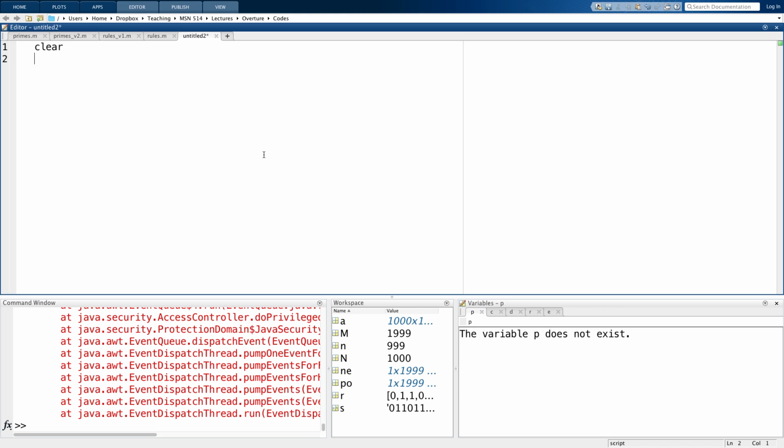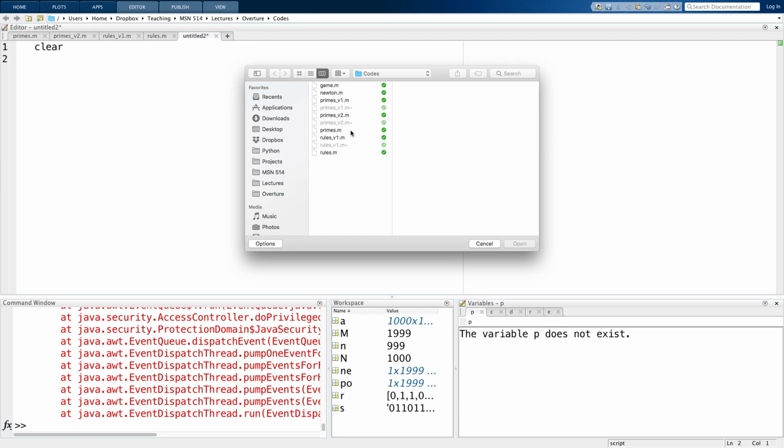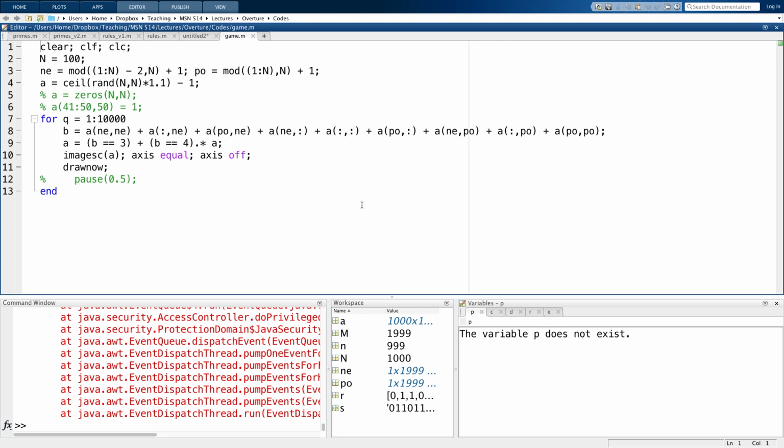So let me open the game over here. It's written only in 10 lines if you ignore all the rest.